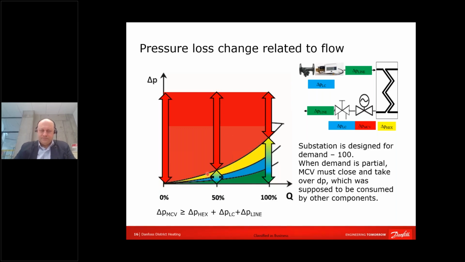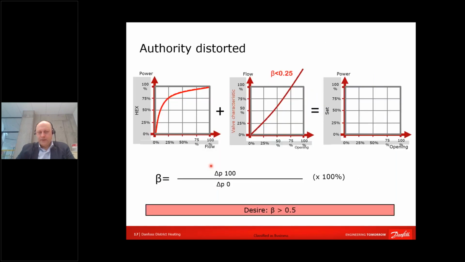And it's even worse when we are reaching almost zero flow. The control valve has to take over all the pressure which is present in the station. So what happens if the control characteristic is distorted?